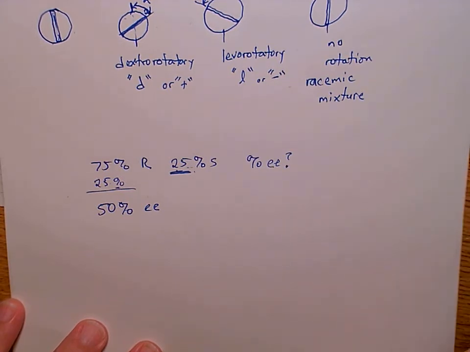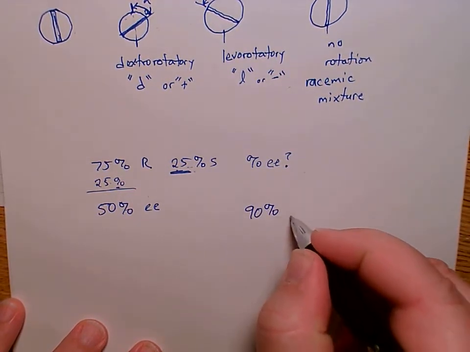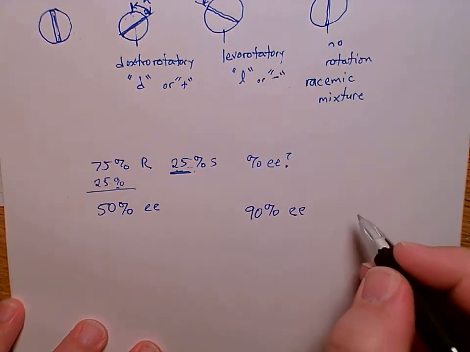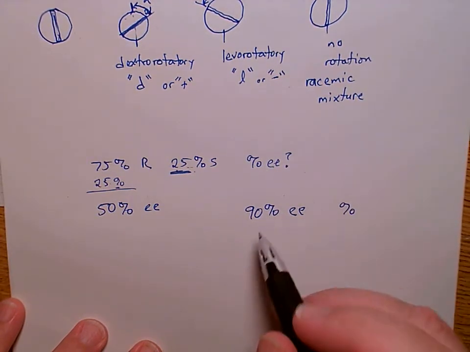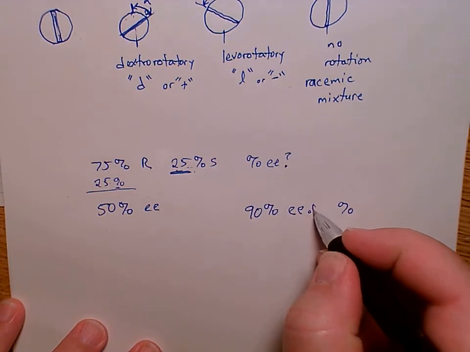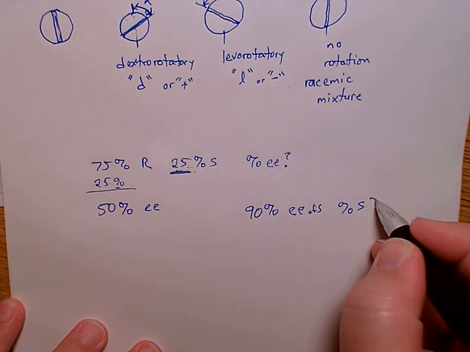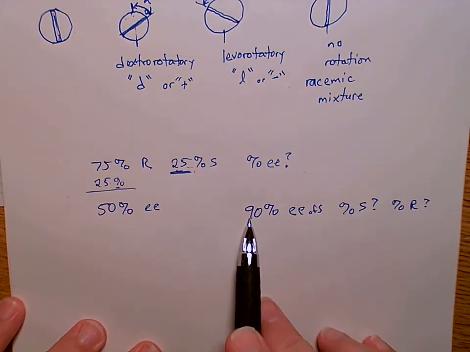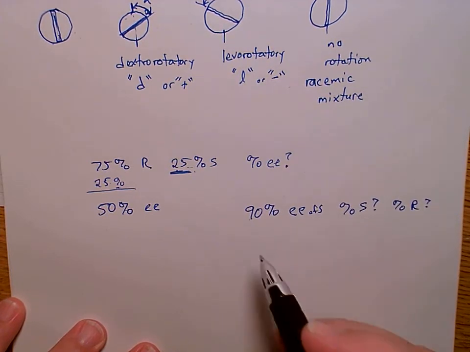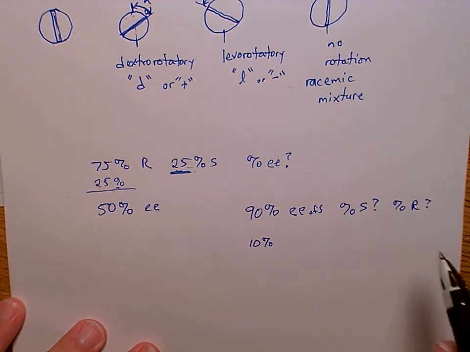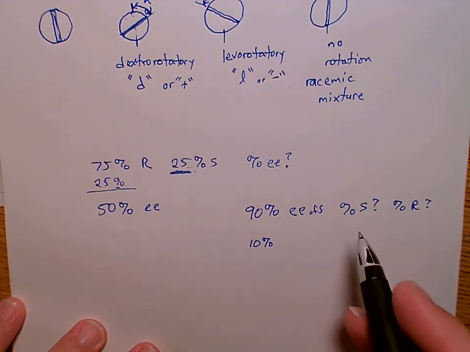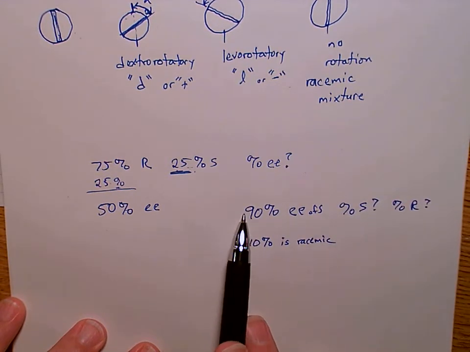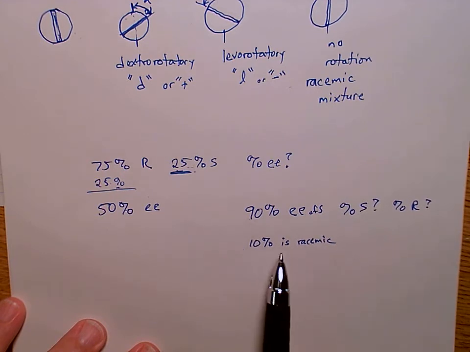So what if you had something that was 90% enantiomeric excess of S? What's the percent S? What's the percent R? Well, if you have 90% excess of S, that means 10% of the solution is a racemic mixture.